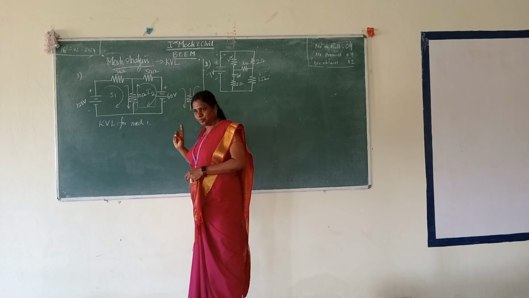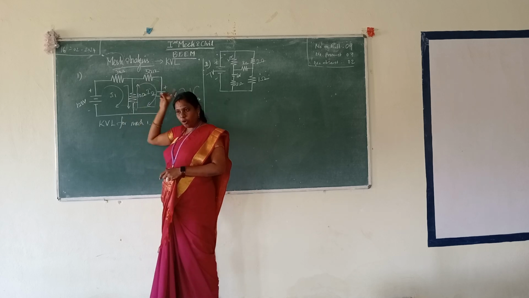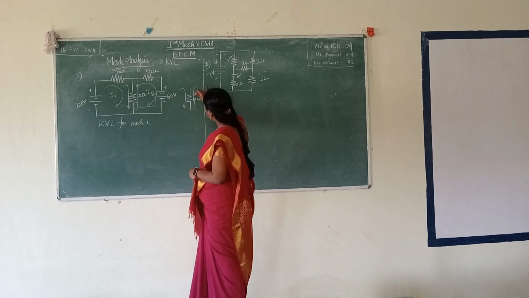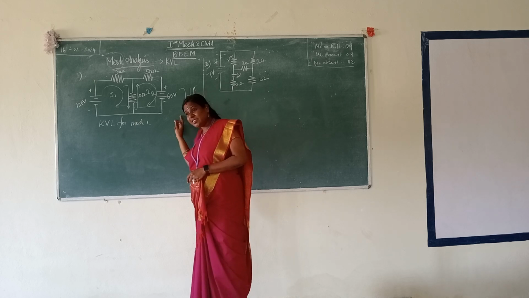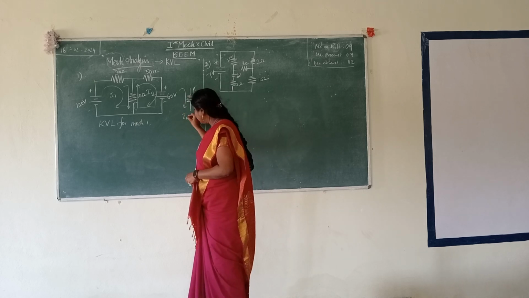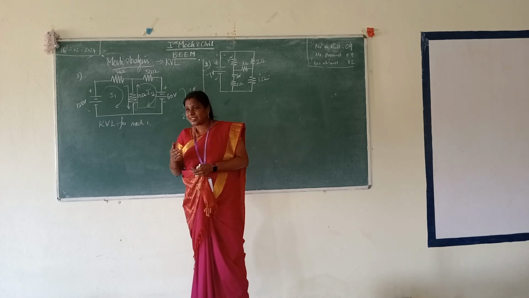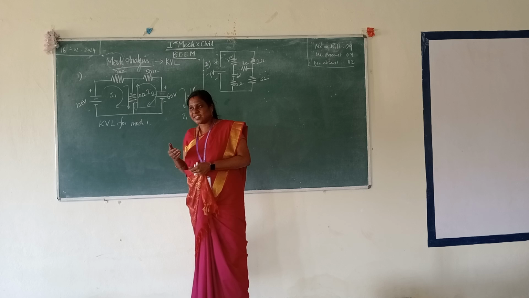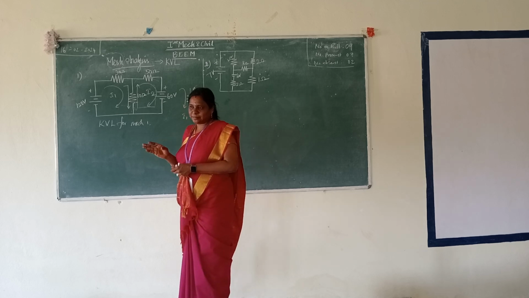Now if I1 is flowing inside and I2 is flowing out, like this, then what is the current through the 10 ohm resistor? It is I1 minus I2, or I2 minus I1, because the current cannot be a negative number.